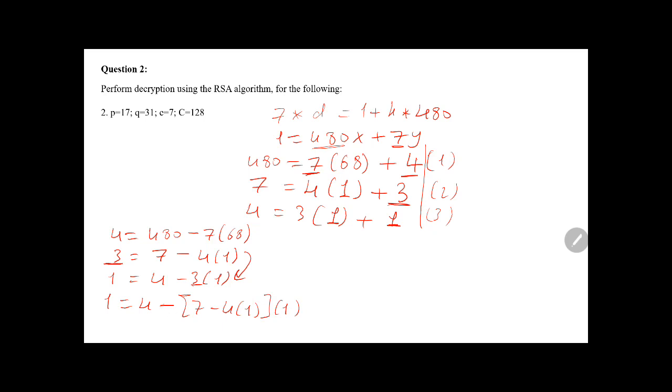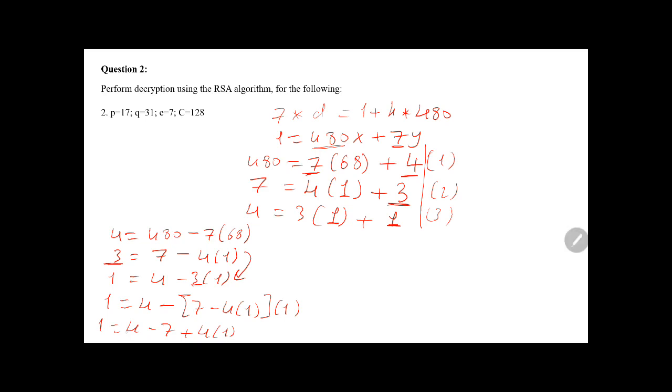So this equation here, after we expand here the sign, so it will be 4 minus 7 plus 4 multiplied by 1, correct? So here it will be 1 equal 4 minus 7 plus 4, 1. So let's try to combine the similar values.